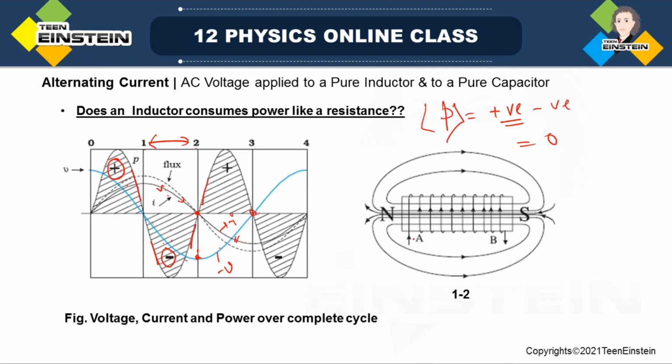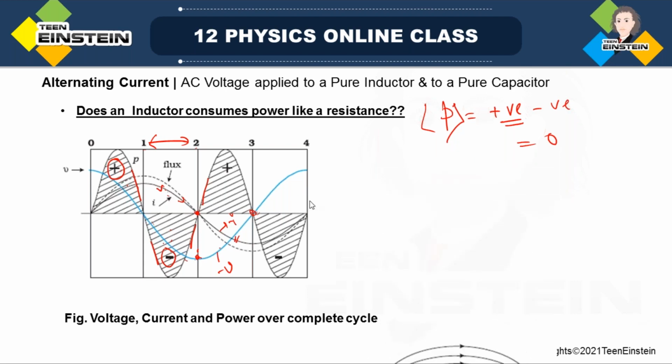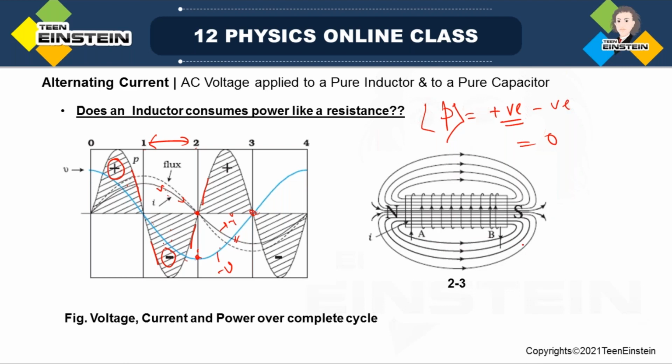The current direction is the same, in the positive direction, that means it is entering through A only, but that current is decreasing. Now 2 to 3 means this figure, you look, the current direction has changed now.